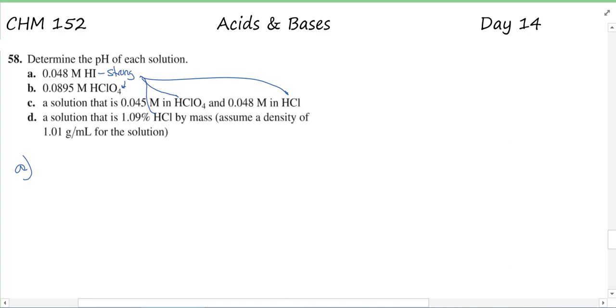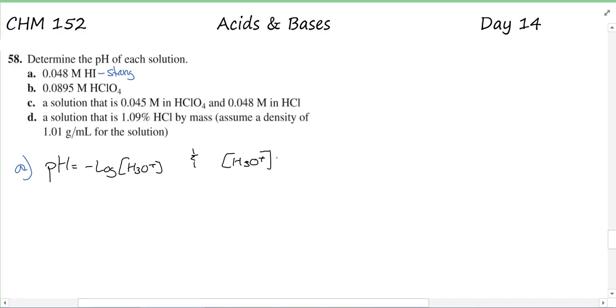So the strong acid, since pH is negative log of H3O plus, and the concentration of hydronium equals the concentration of strong monoprotic acid, which we have. So pH would equal negative log of 0.048.